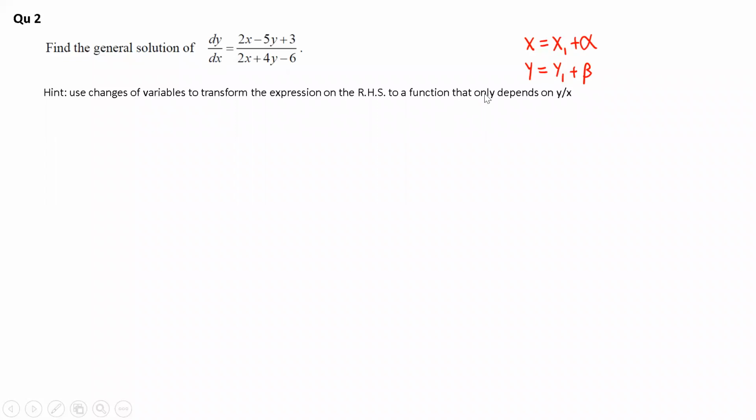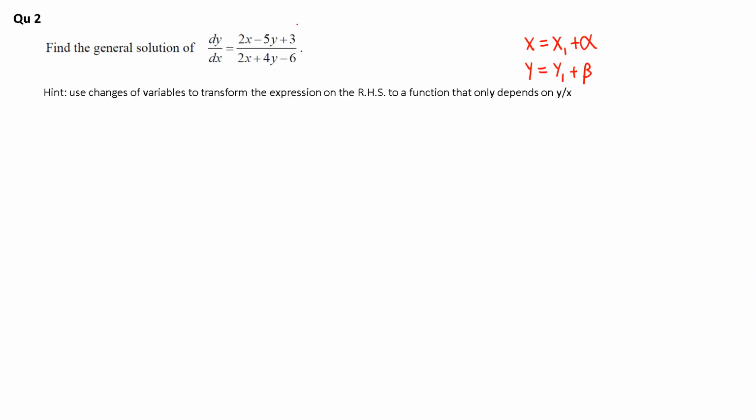So dy/dx will be just the same as dy1/dx1.